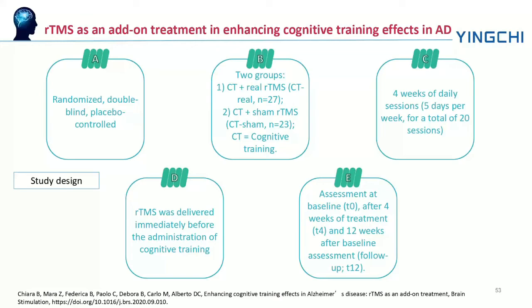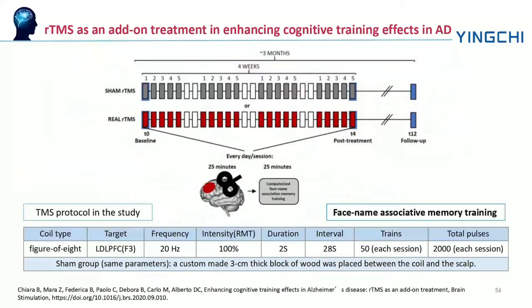The rTMS was delivered immediately before the administration of cognitive training. The cognitive training used in this study is face-name associative memory training. For the TMS protocol, they used high-frequency rTMS onto the left DLPFC.